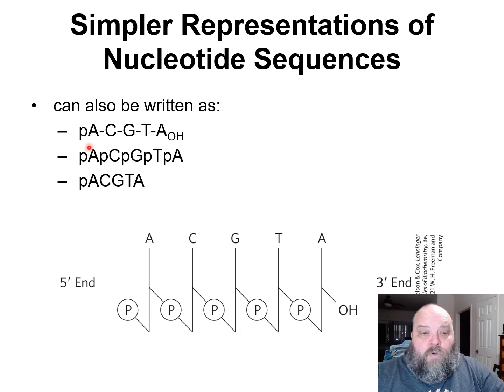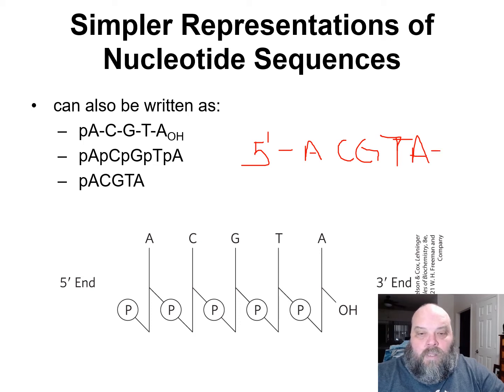Just like here where they're showing, hey, look, P, saying this is the phosphate, ACGTA hydroxyl. What you're going to see more often than not, you'll see these three in chemistry, biochemical papers. In biology papers, you will just see A, C, G, T, whoops, sorry, I'm trying to do this with the mouse, not quite so spaced out, and then it'll say 3'.